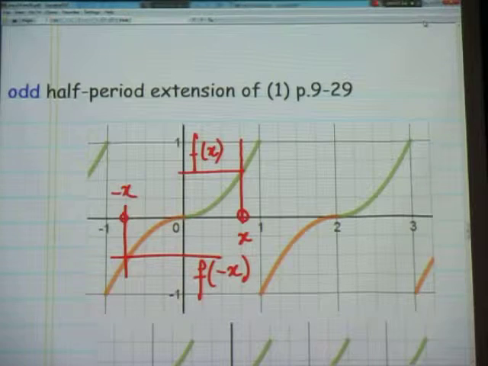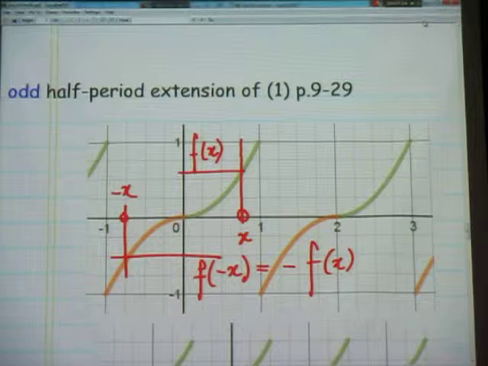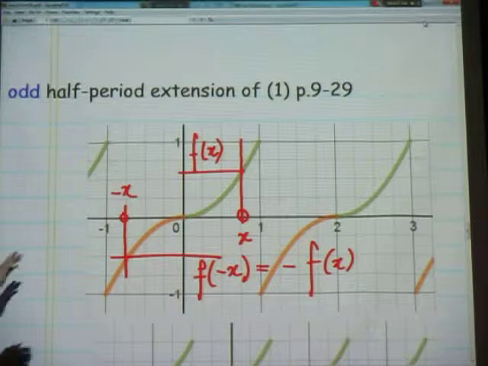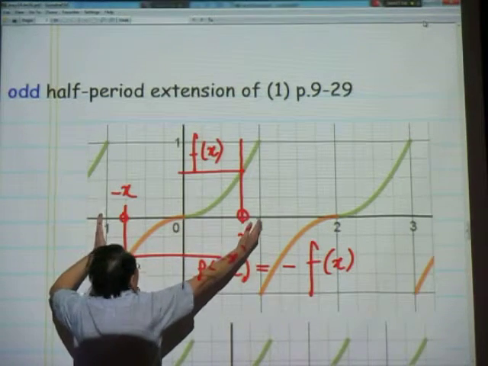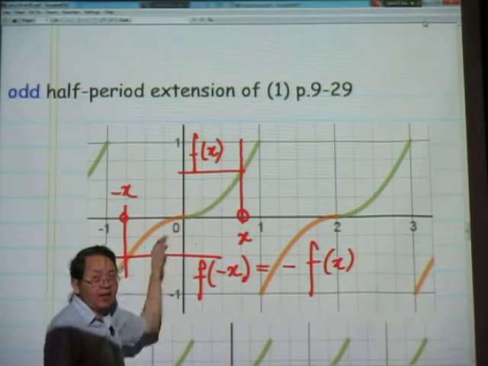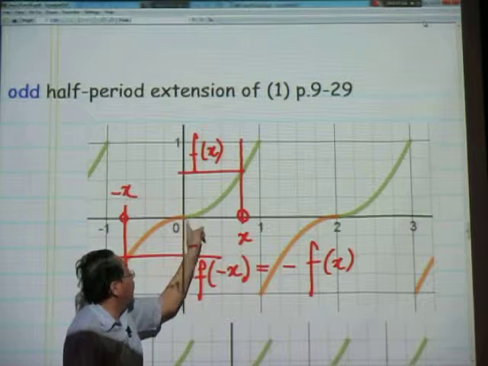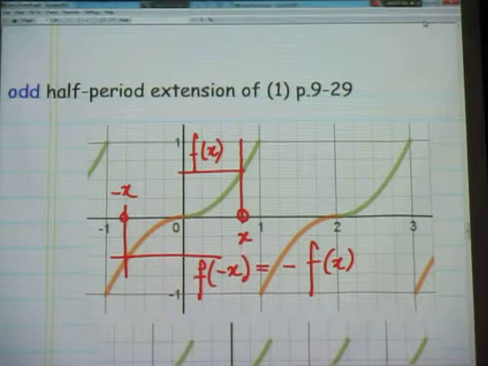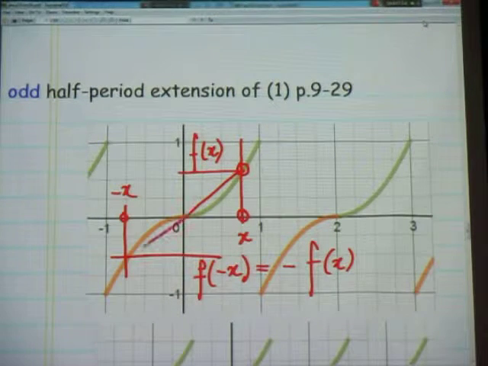So if f at minus x is minus f of x, then this function over the period from -1 to 1 is an odd function. It's anti-symmetric relative to the origin. To find the mirror image of this point, you draw a line through the origin and you get to the other side. So this is the geometric interpretation of an odd function.